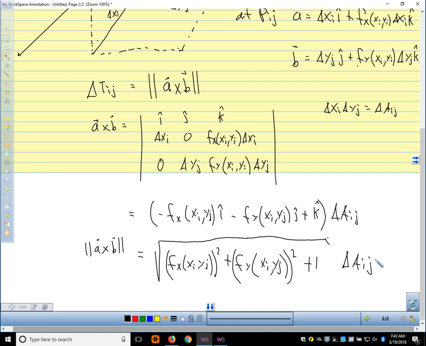And the total surface area comes from summing those little delta A sub ij's over the surface. We take the limit as delta x sub i, delta y sub j approach 0, like we've done before, and we get the surface area of that surface.